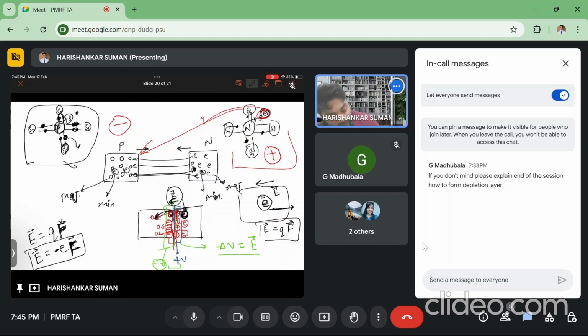So after some time, if some electrons and holes recombine, they form a depletion region, an electric field region, and this field opposes further diffusion.